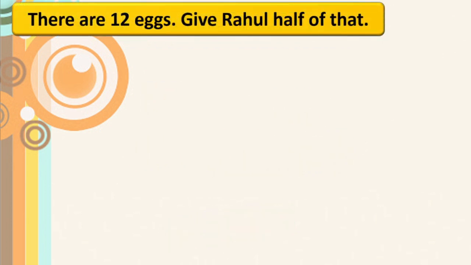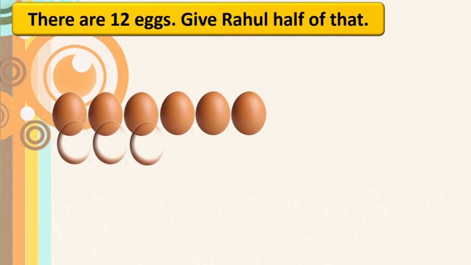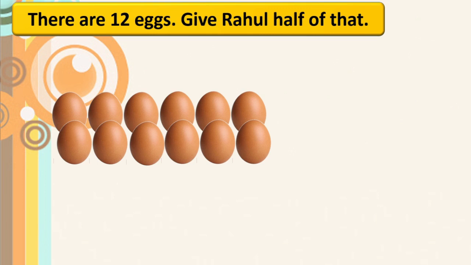There are 12 eggs. Give Rahul half of that. Here we can see the 12 eggs: 3, then 6, 9 and 12. Correct? Now we have to give half of these, means 12, to Rahul.